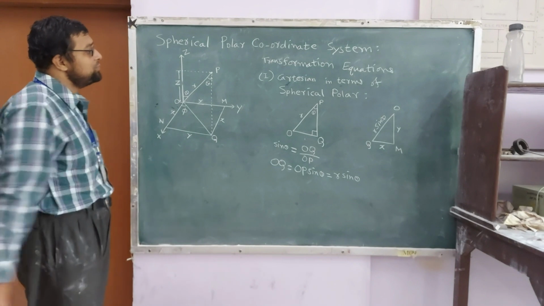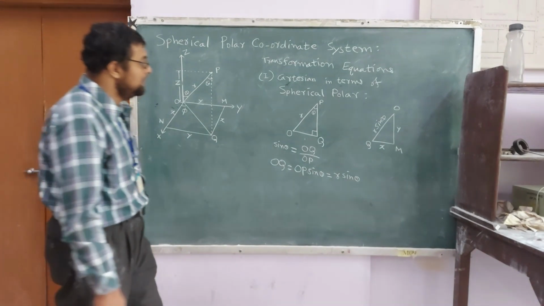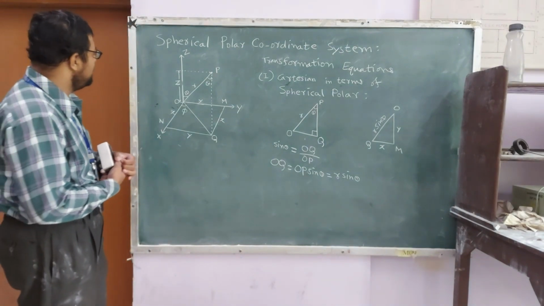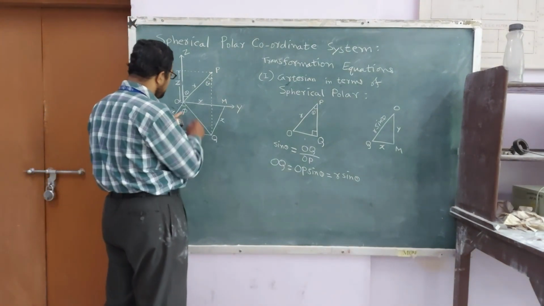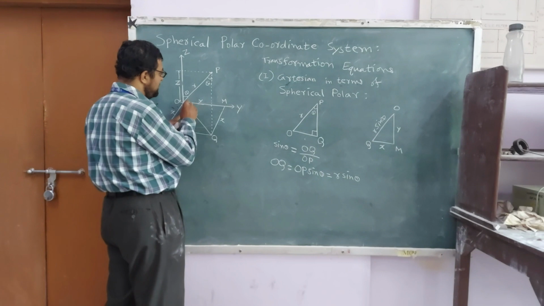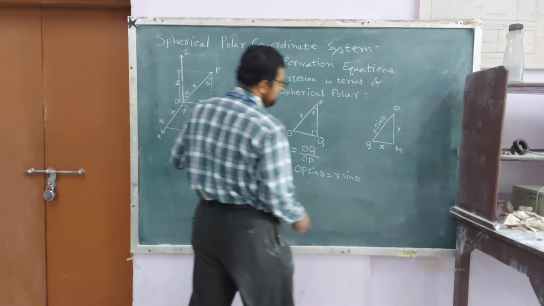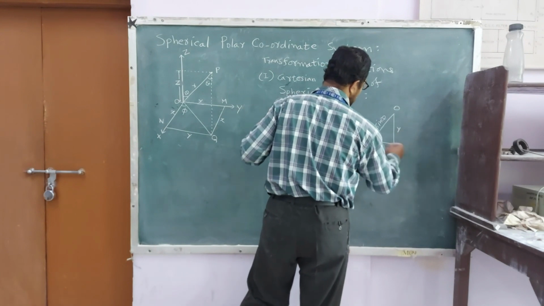Now from that we can find out what X will be. So from this triangle again, we have to see what this angle will be. See here, this angle is phi, so this will be 90 minus phi. So this angle QOM will be 90 minus phi.